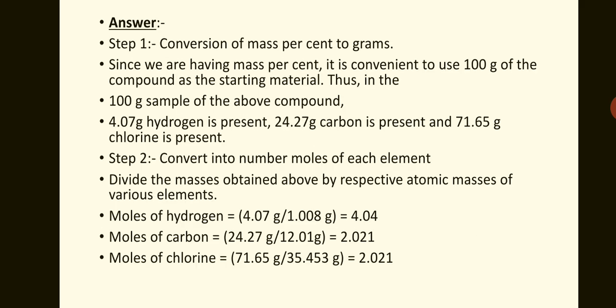So to determine empirical formula, you have to follow these steps. First step, conversion of mass percent to grams. Since we are having mass percent, it is convenient to use 100 gram of the compound as the starting material, because percentage is calculated on 100.